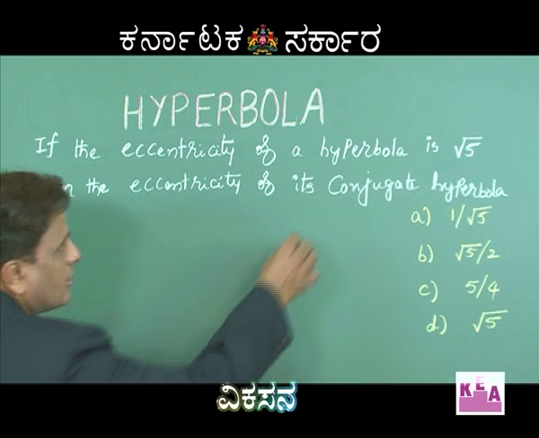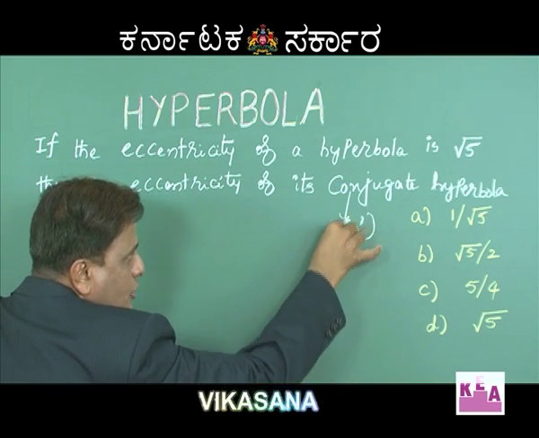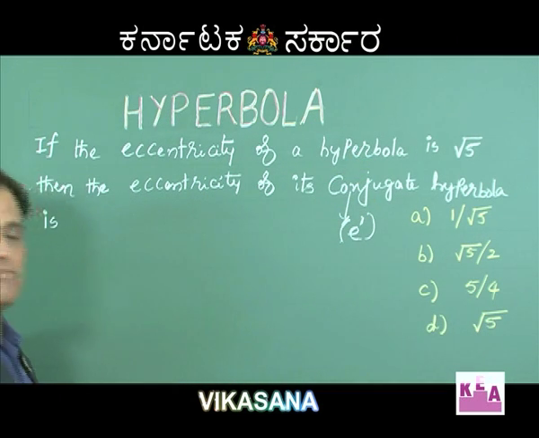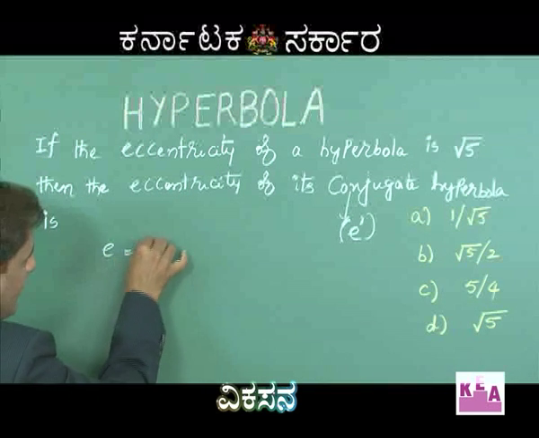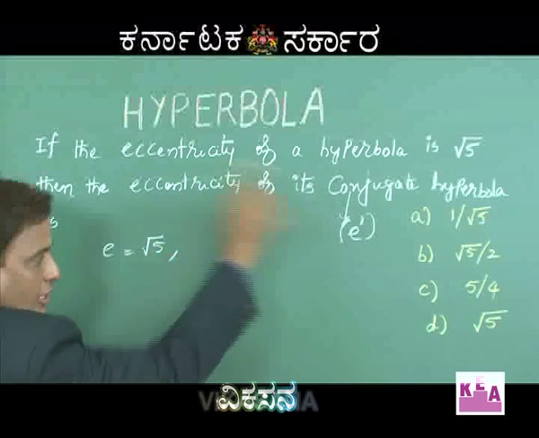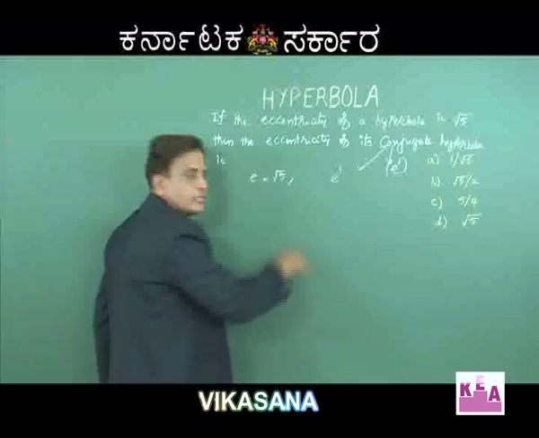First we assume that the conjugate hyperbola eccentricity will be called e dash, and the given eccentricity root 5 will be taken as e.